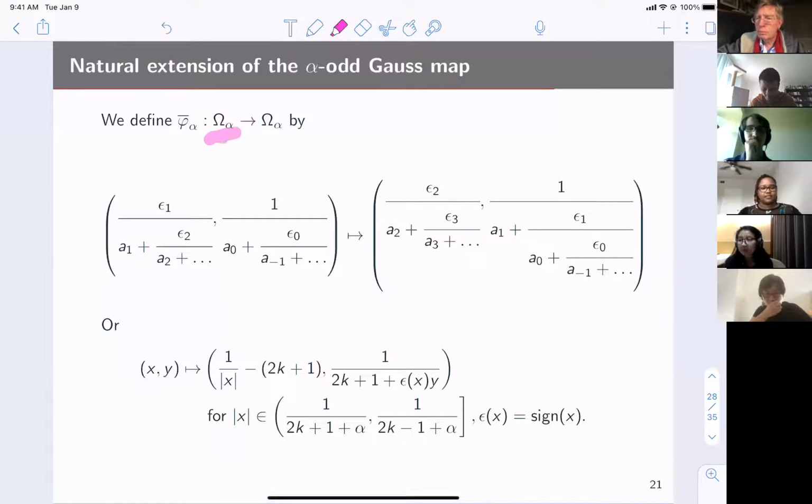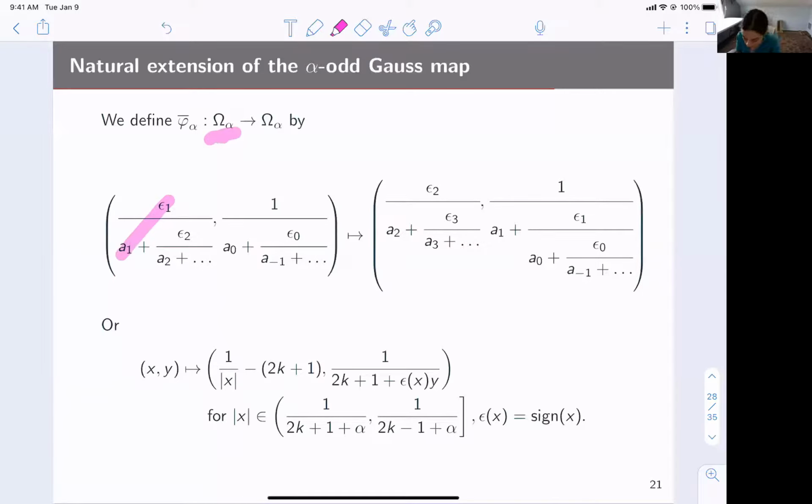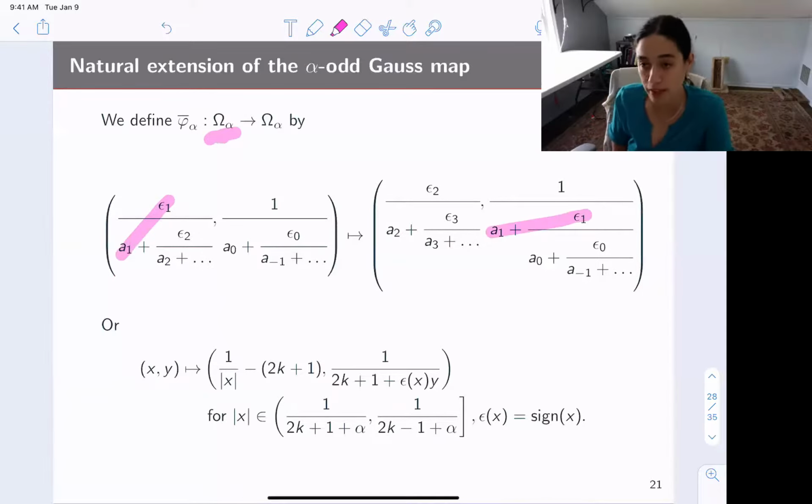I have intentionally not told you what it is yet, where looking at the continued fraction expansion, we move with this skew shift, which is partly because the measures behave better this way and partly because historically it's been done this way. When we do this, we take this digit, and when we move it to the y, it becomes skewed like this.